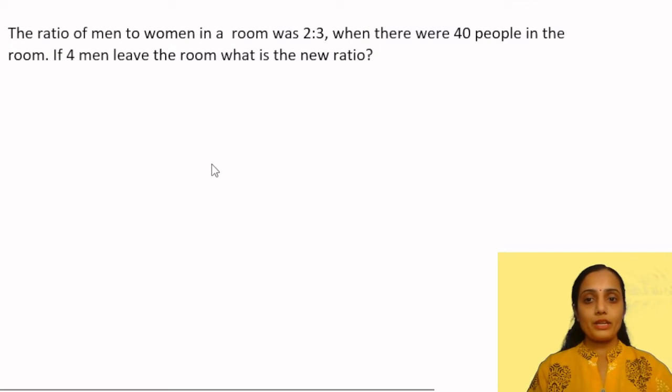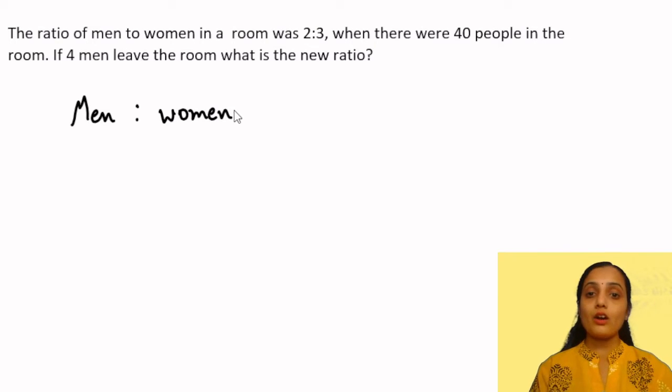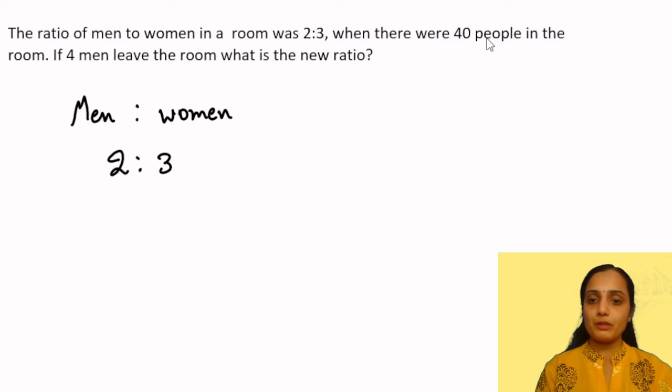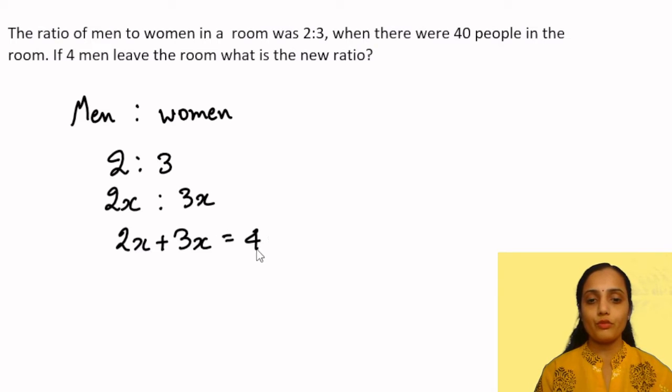Now let's see one more question. The ratio of men to women. Whenever we are asked to write a ratio, it's best to start with writing what the numbers are representing. So here we are writing men is to women, and that is in the ratio 2 is to 3, when there were 40 people in the room. So the number of men is 2x. So x is the variable that I am taking here. 2x is to 3x, and the total, that means 2x plus 3x, the total number of people in the room were 40.